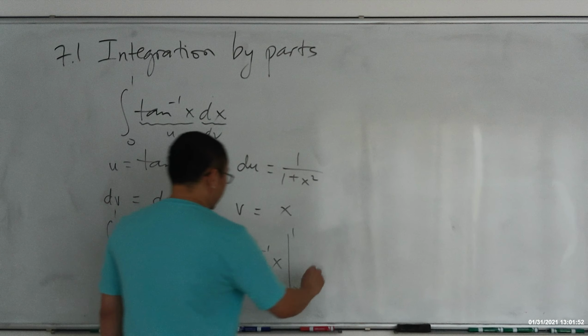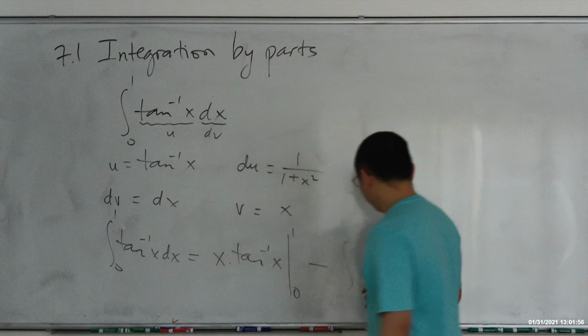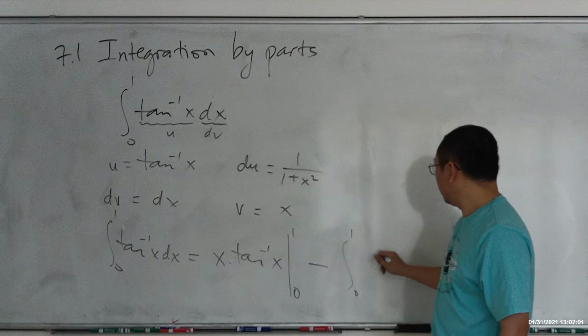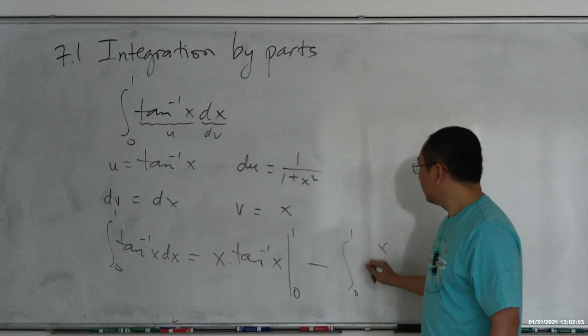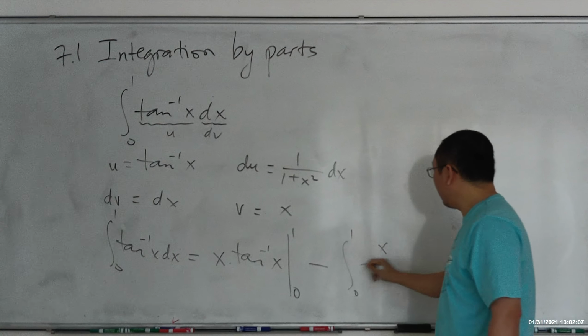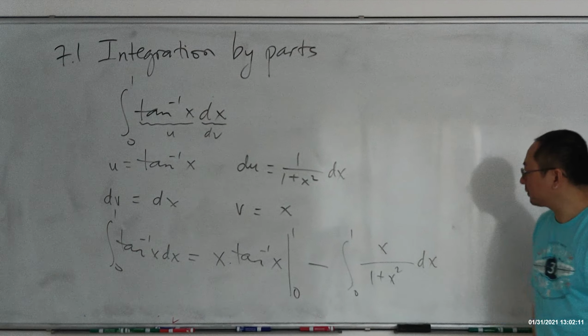And then minus the integral, still from 0 to 1, of v du, so x du, I forgot to write dx, okay? x over 1 plus x squared dx.